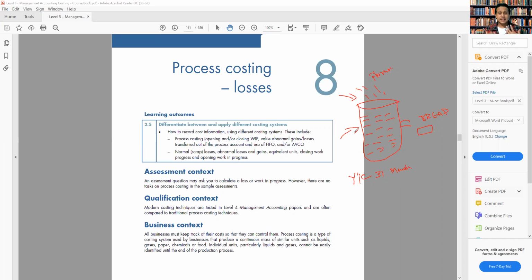So basically this is the raw material that is still in process. Now there are a few things here. The first thing, inside of the machine, whatever it is, we call it raw material.